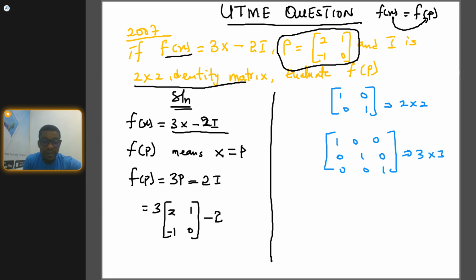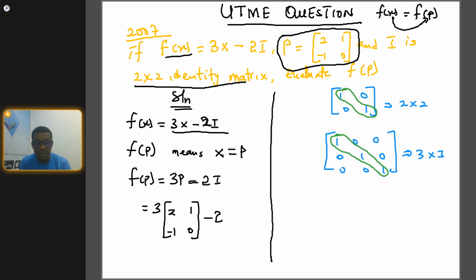Now, what you observe is that the diagonal is just 1 unit. The diagonal of a 3 by 3 also is only that one that we have as a unit, which is 1. So this is what we call an identity matrix: a matrix that has its leading diagonal to be 1 and all other elements to be 0. You can see here 1, 1, that's the leading diagonal, and other elements are 0.